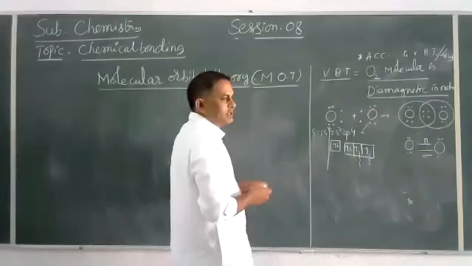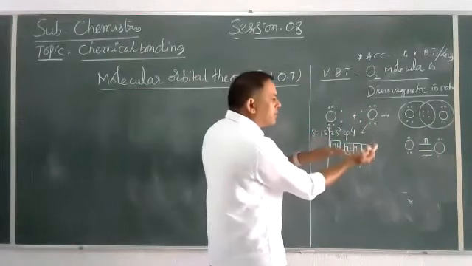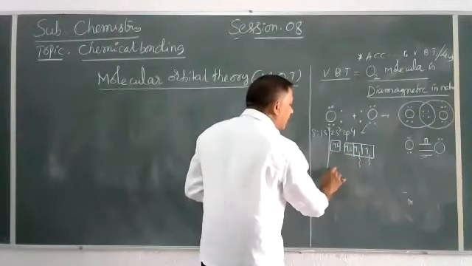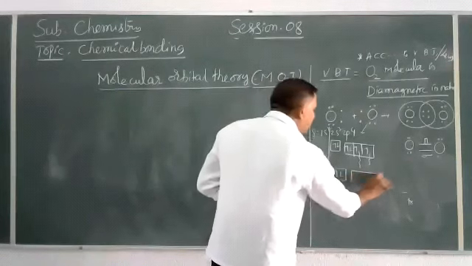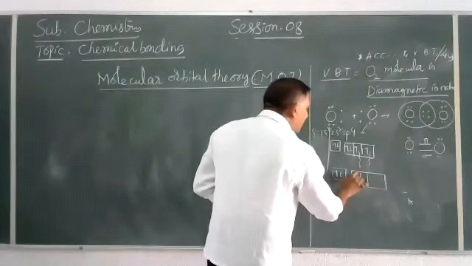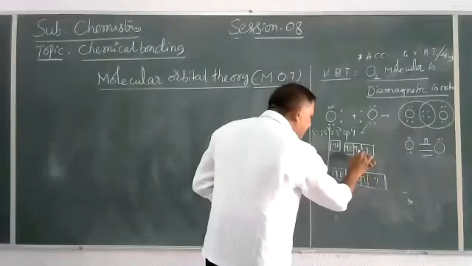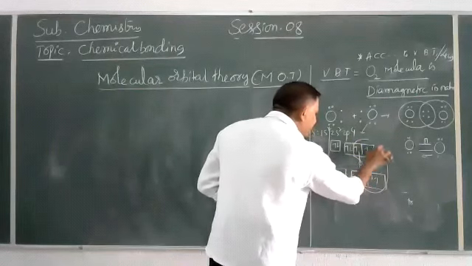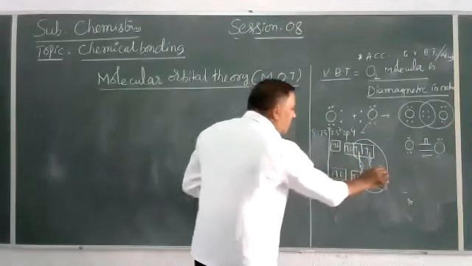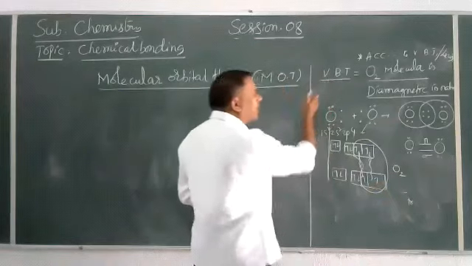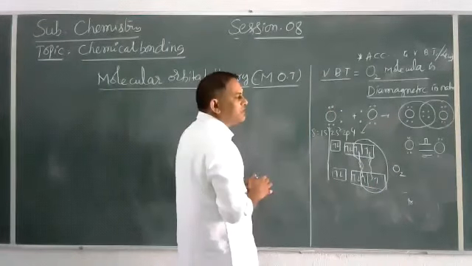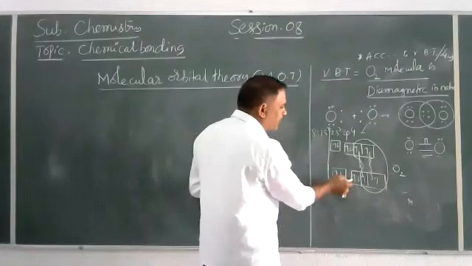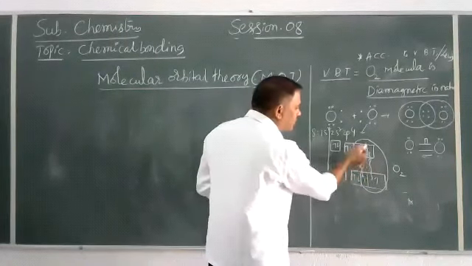Multiple bonds are present after equal contribution and equal sharing between the two oxygen atoms, and these two are completely paired. So in the O2 molecule, according to VBT or the Lewis dot structure, everything is completely paired, including by equal contribution and equal sharing.